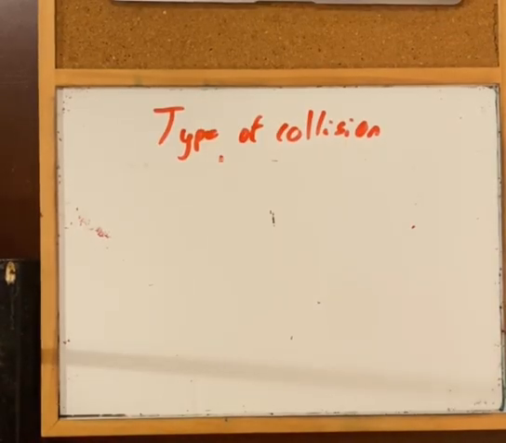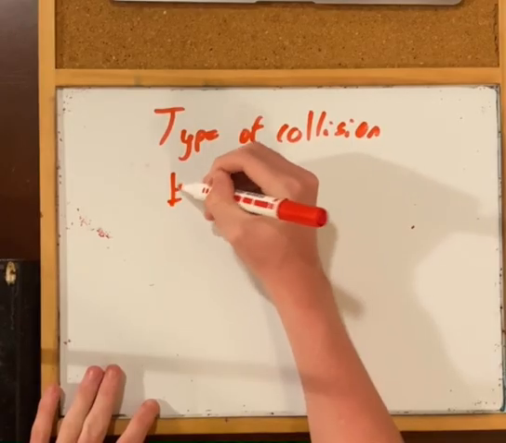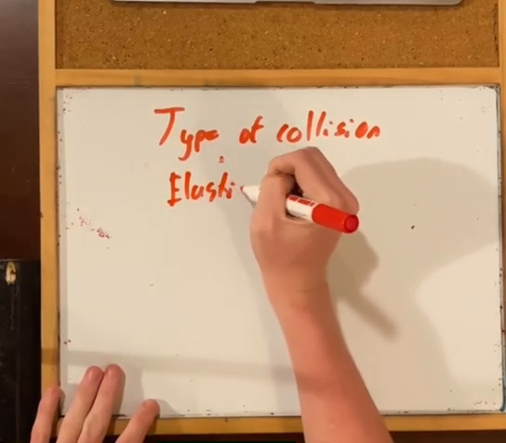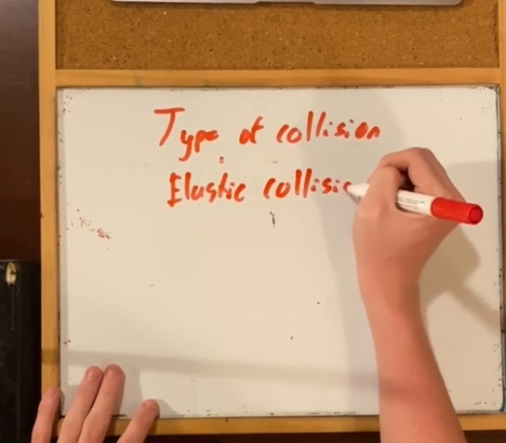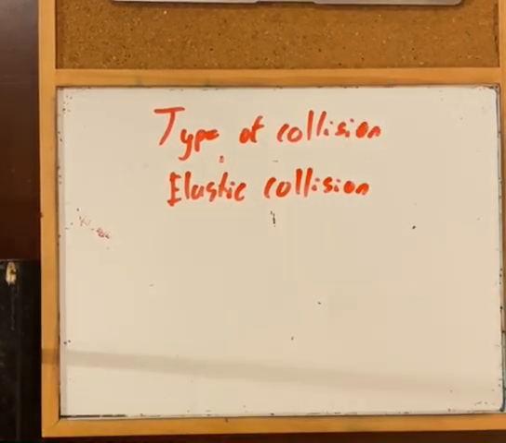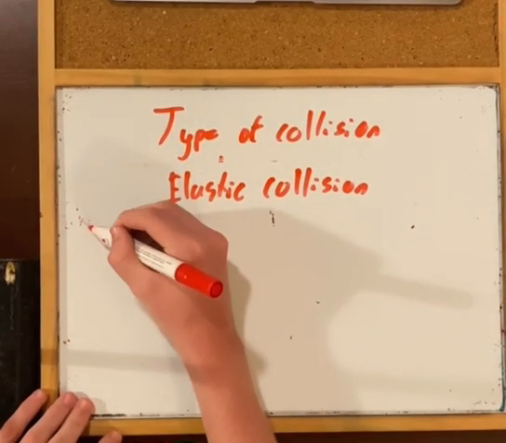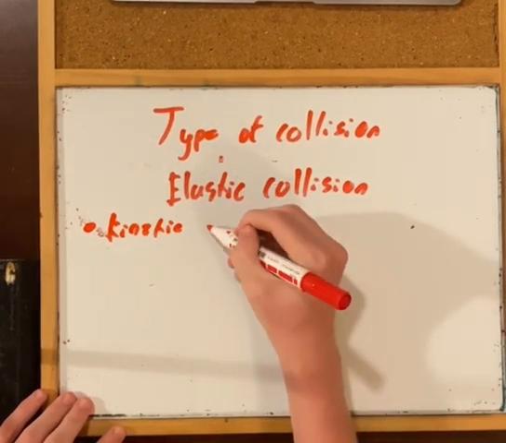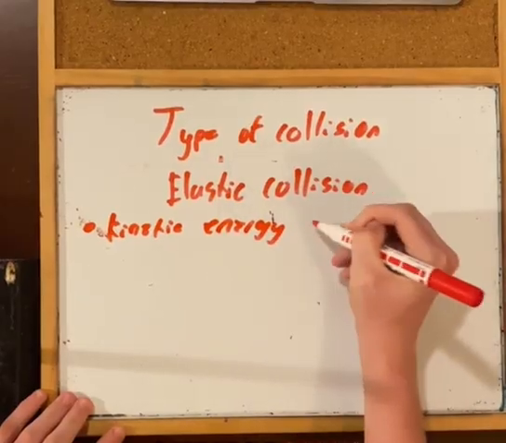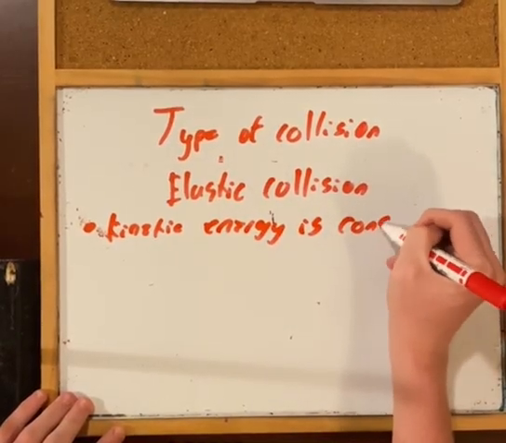So the type of collision. In our scenario, the type of collision is an elastic collision. Let me just write that down. And so there are three different reasons why this is an elastic collision. Our first reason is because kinetic energy is conserved.